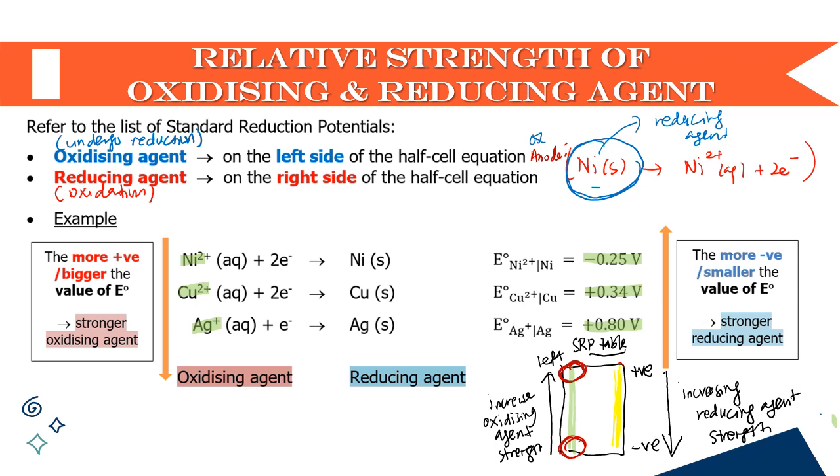We will take the species on the right hand side, on the product side, and if you have a negative value over here, what does it mean? You will have a very strong reducing agent. But if it is up over here, you will have a very weak reducing agent.